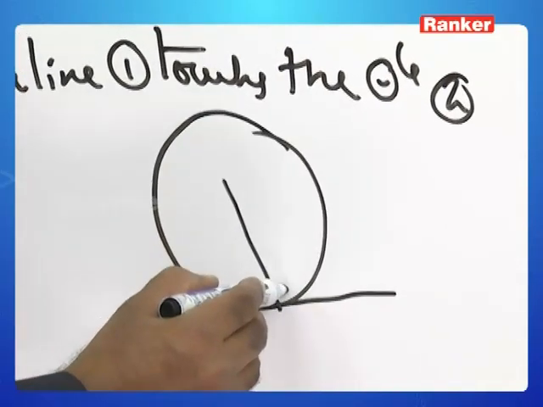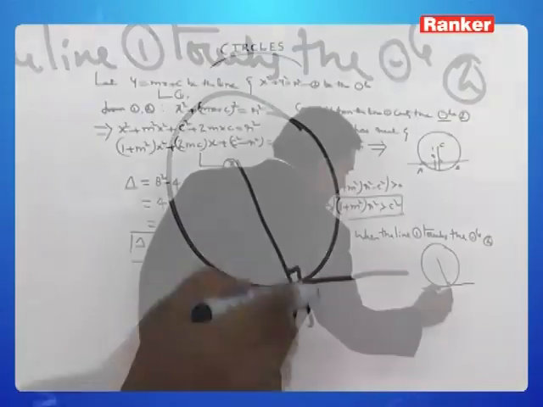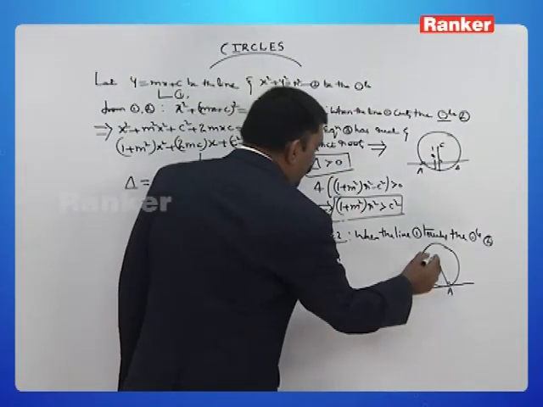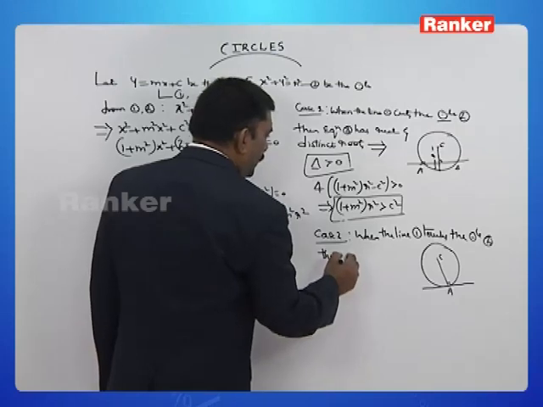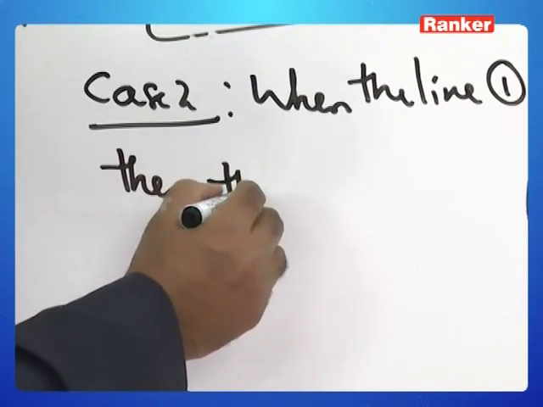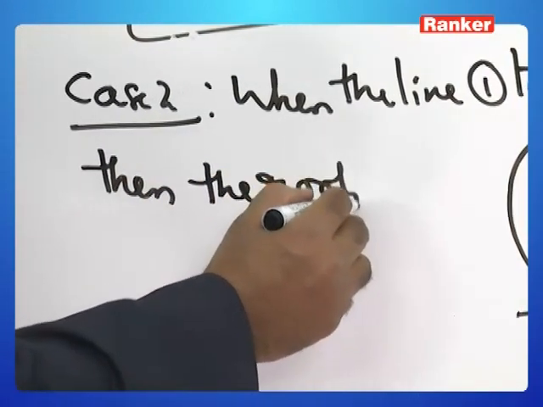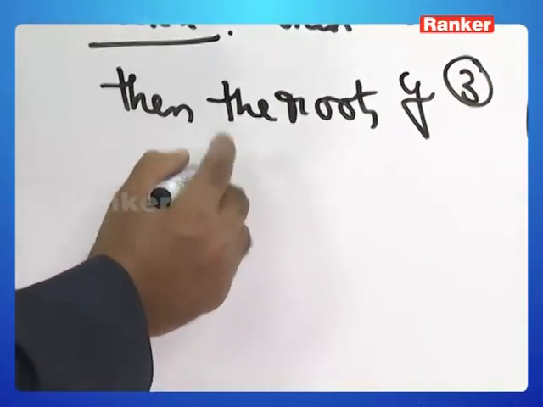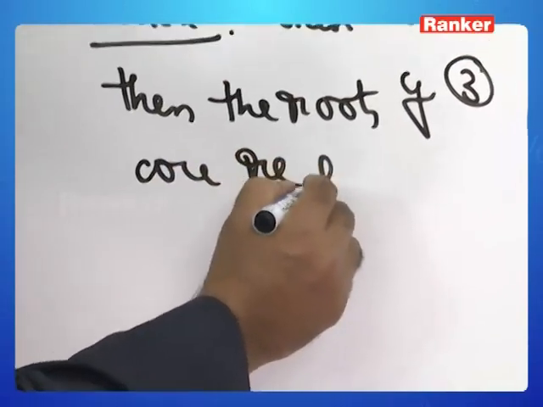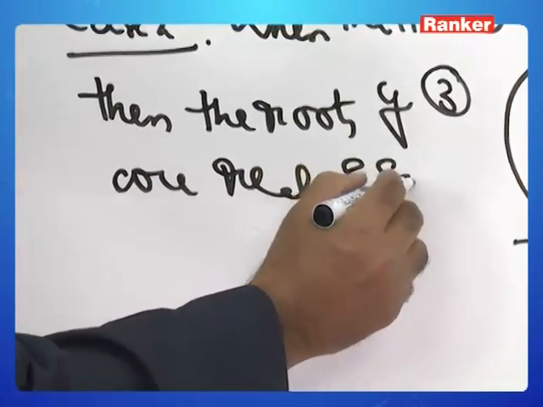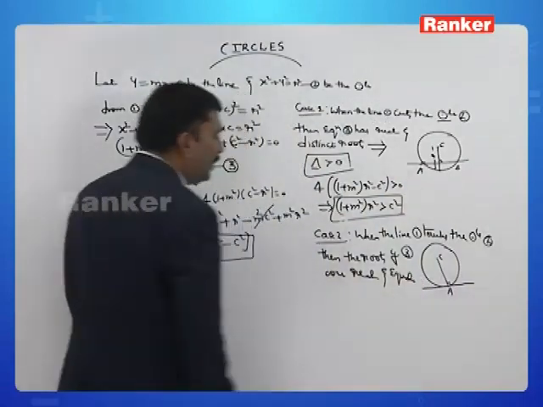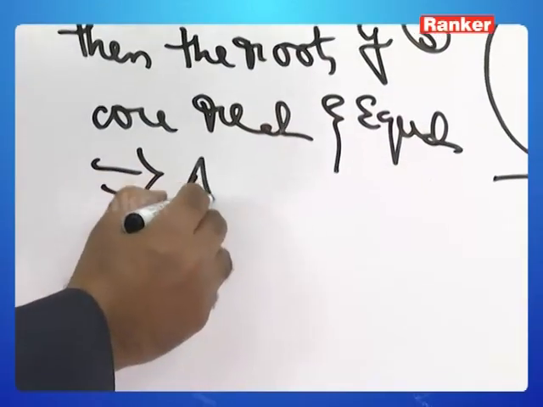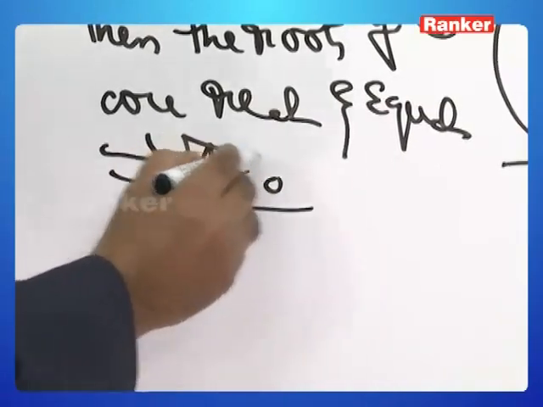It touches at only one point, meaning the two points A and B coincide. This is the center. Then we can say that the roots of 3 are real and equal, which implies delta is equal to 0.